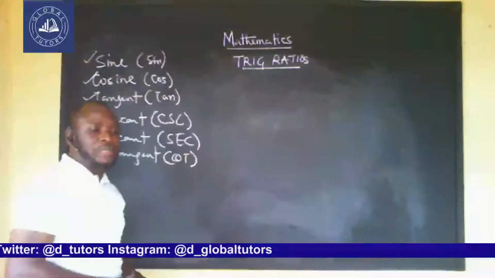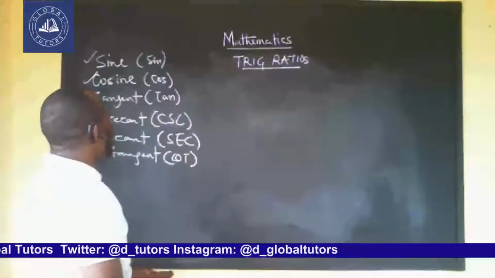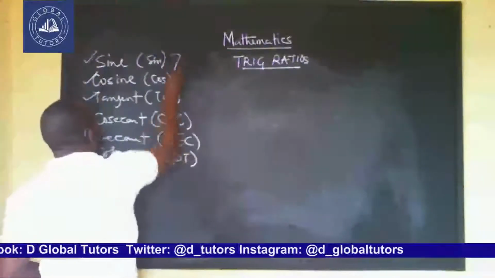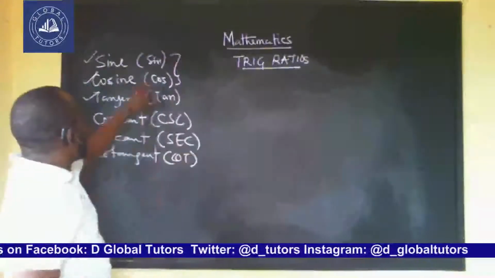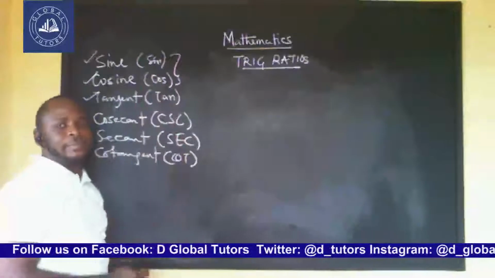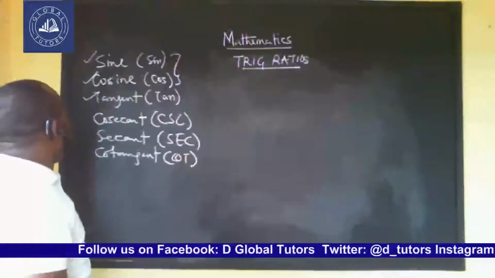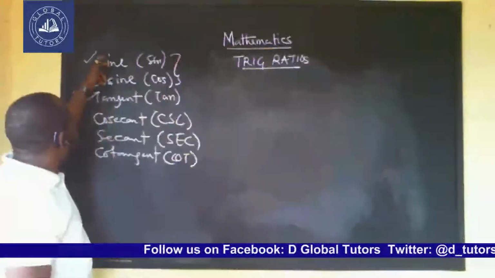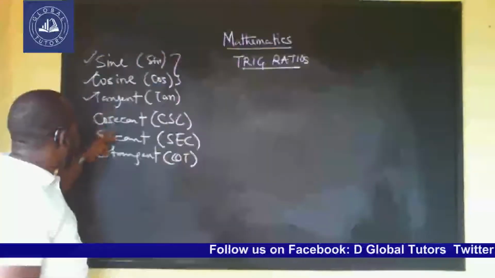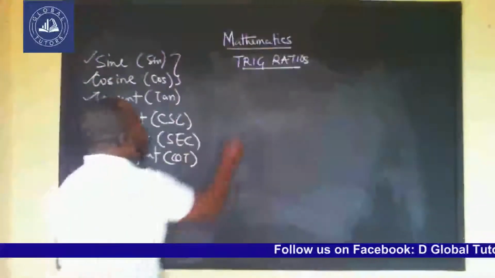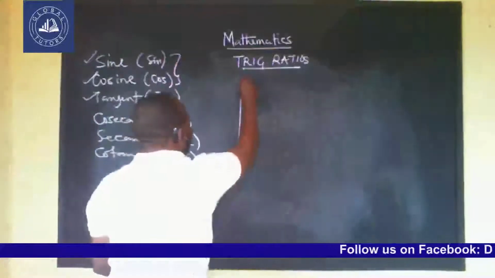And in the class today, what we want to do is look at the relationship between sine and cosine. Now, you need to know that these trig ratios work with a right angle triangle.